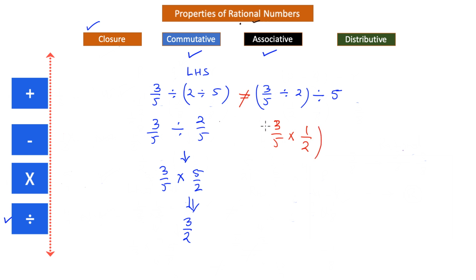And then this whole thing is being divided by 5. This will be 3 over 10 divided by 5, correct? So that can be stated as 3 over 10 multiplied by 1 over 5, right? So this is 3 over 50. So very clearly you see that 3 over 2 is not the same thing as 3 over 50. So this one example is good enough to demonstrate that it does not hold true for division.